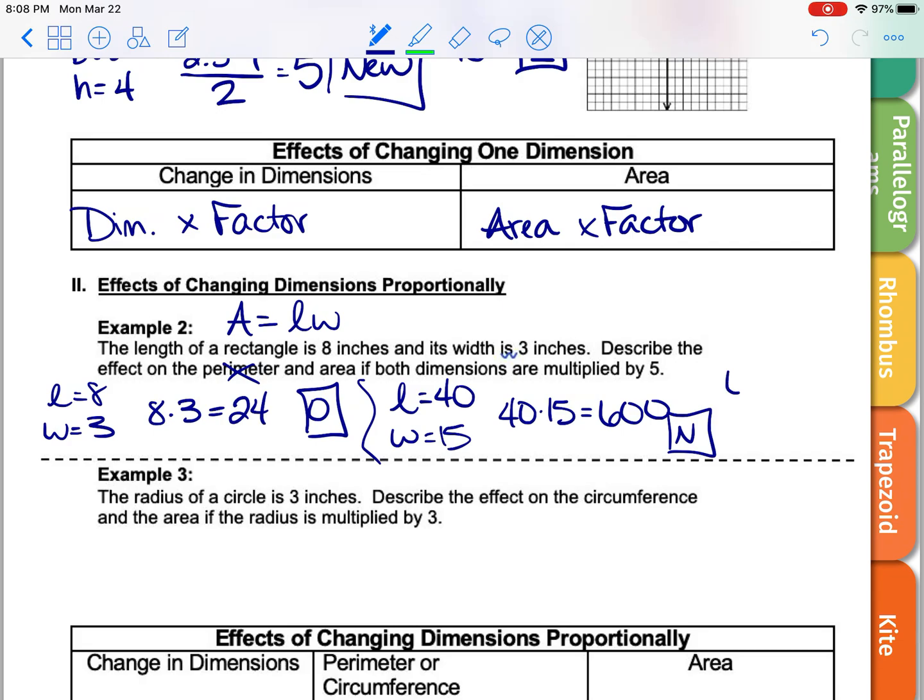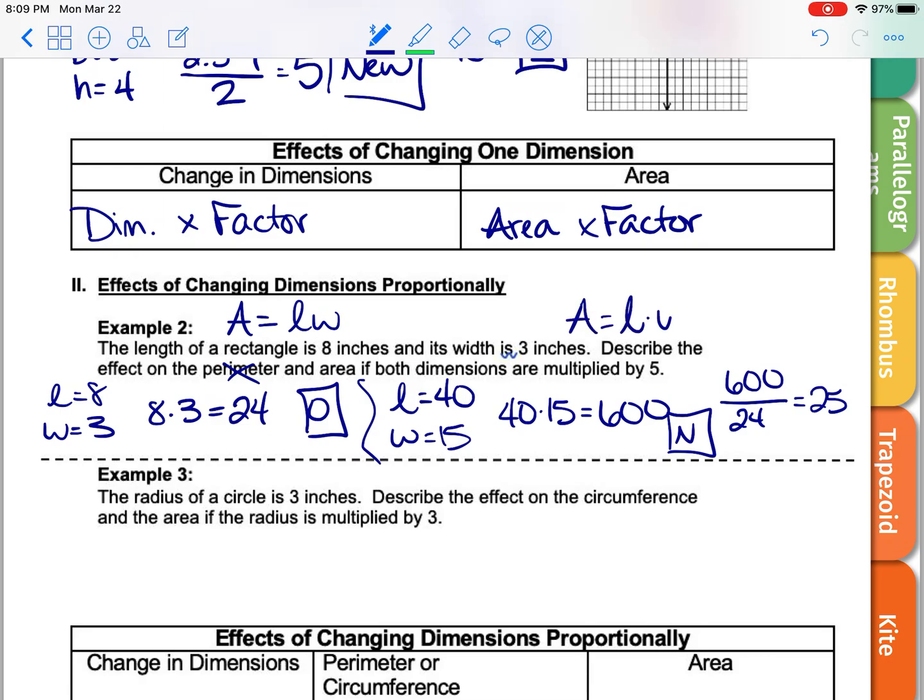Remember, we take new divided by original. And if we were to divide that, we would actually have 25. Well, what is 5 squared? 5 squared is 25. We multiplied both dimensions by 5. So think of it like this.